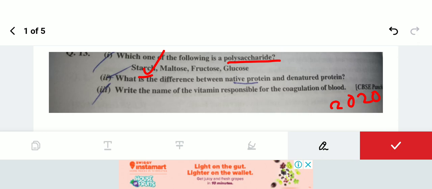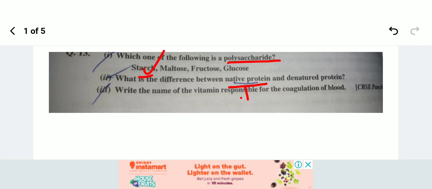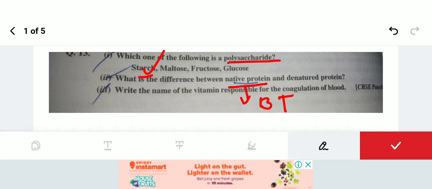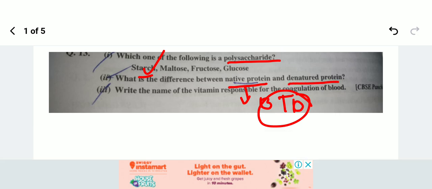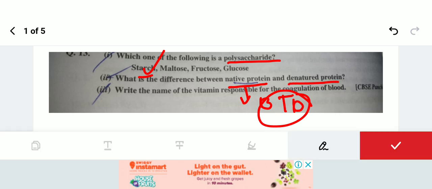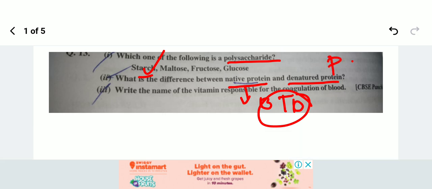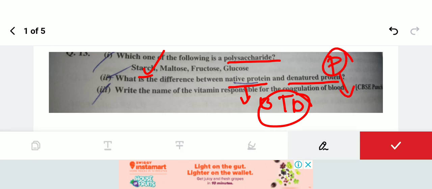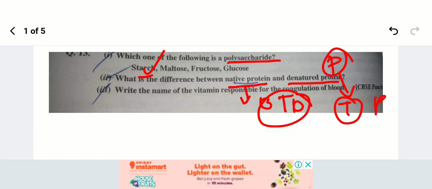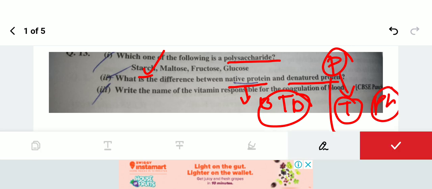Now, what is the difference between native protein and denatured protein? Native protein is something which has its own biological activity and its own unique 3D geometry. Denatured protein: imagine a protein is subjected to physical changes like change in temperature or pH, the hydrogen bonds get disturbed.